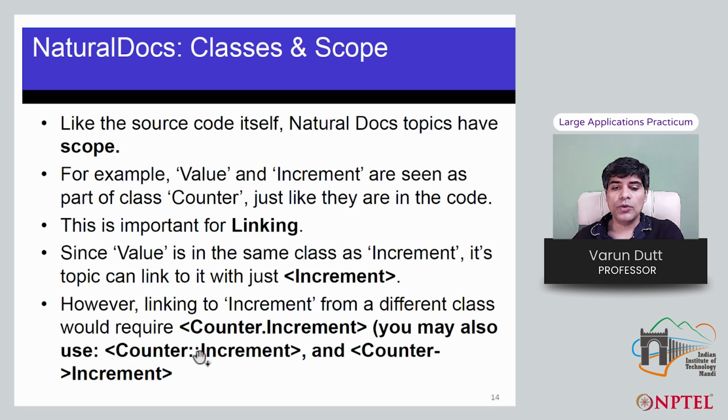You may also use Counter::increment and Counter->increment. So the idea is that if it's within the same class, we can refer to the other function this way for hyperlinking. Whereas if increment is in a different class, then we will have to write the name of the class, then a dot, double colon or arrow, before increment to qualify the hyperlink.